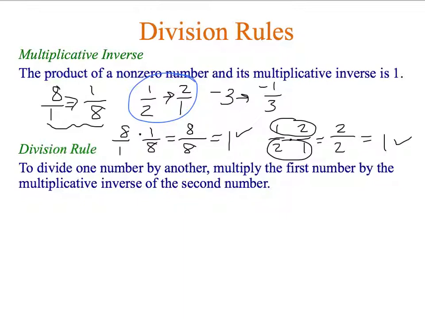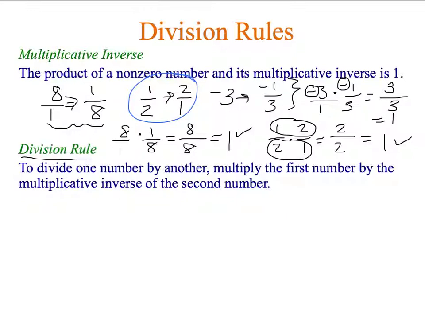And our last example is -3 multiplied by -1/3. Remember, 3 becomes -3 over 1, equals -3 times -1 is just 3. Remember, a negative multiplied by a negative gives you a positive, over 1 times 3, which is 3, which equals 1.